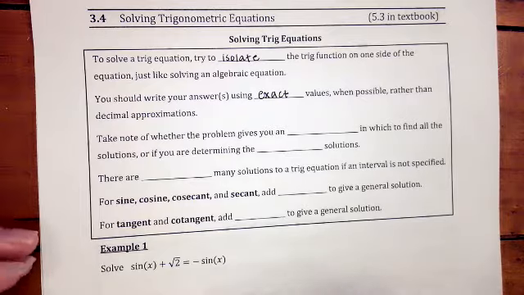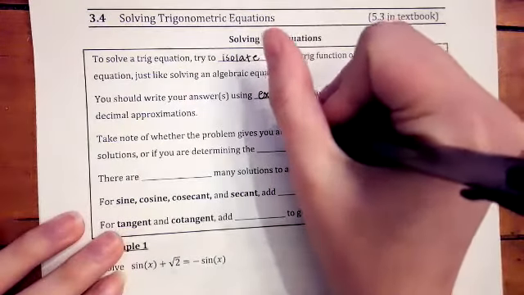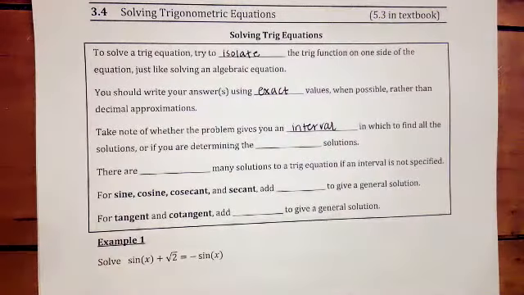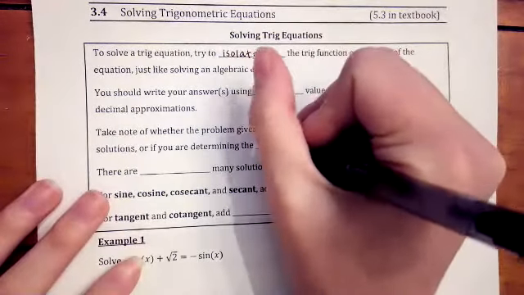Okay. We're going to take note of whether a problem gives an interval in which to find all the solutions. So we'll only look at solutions that are appropriate for that interval, or if we're just going to find general solutions.